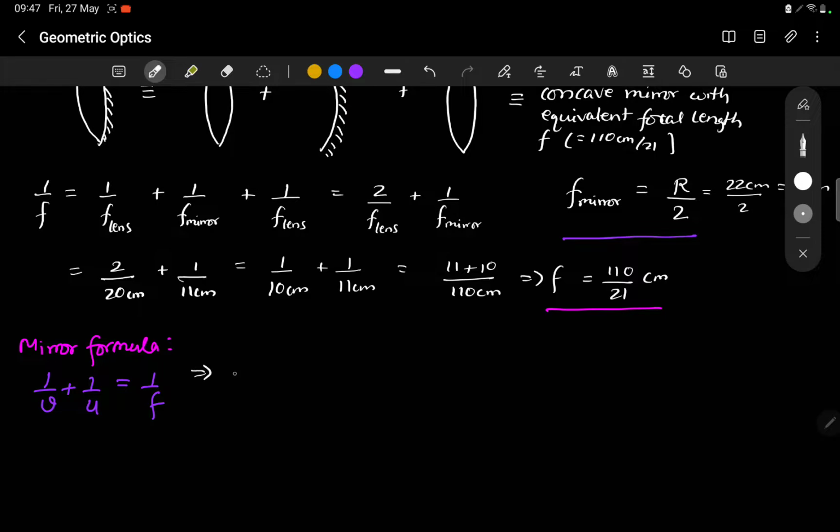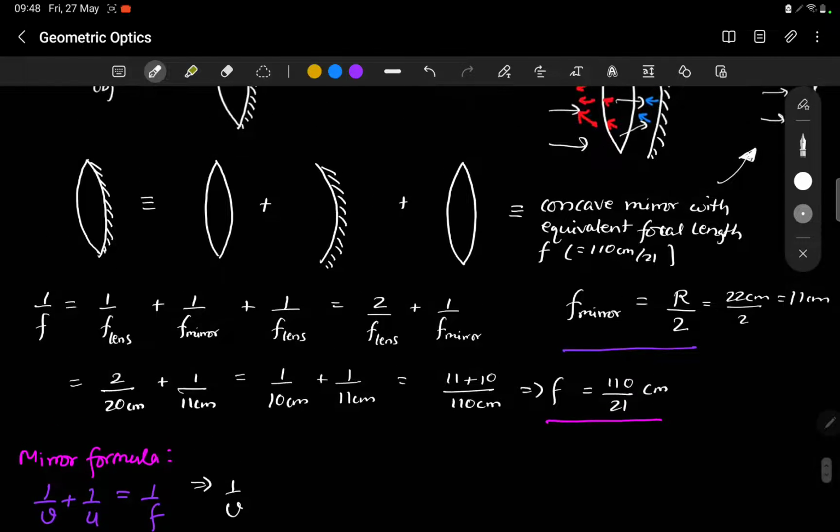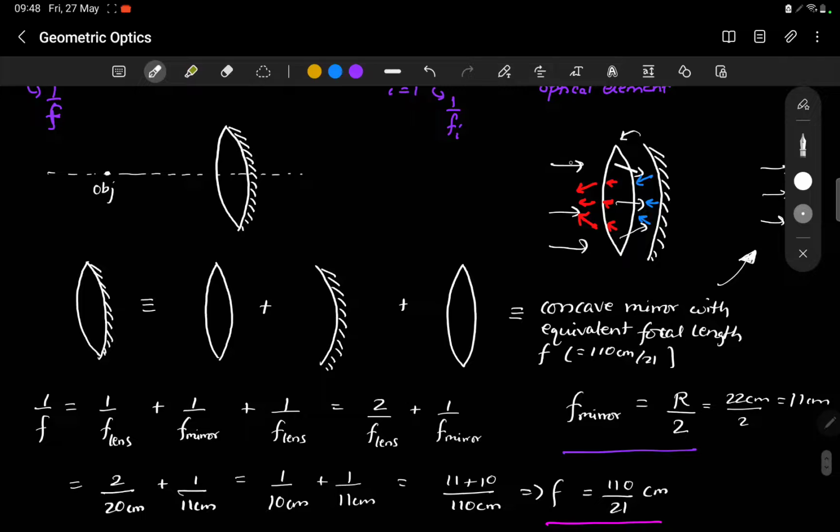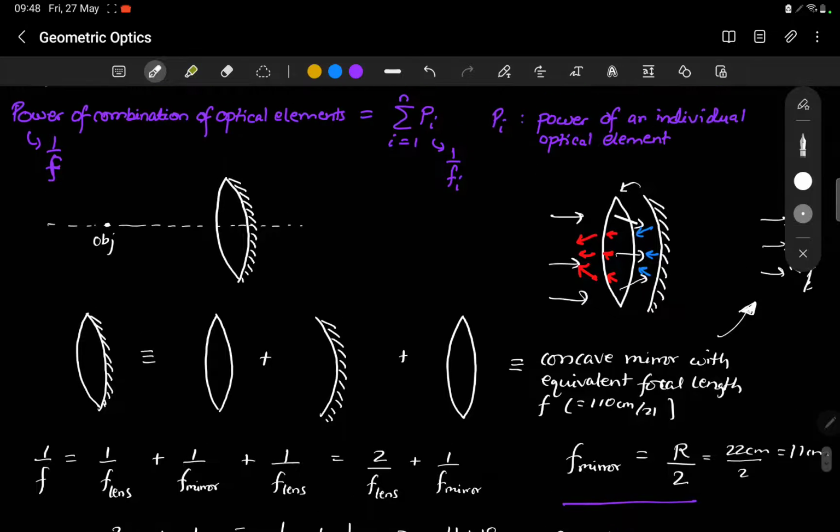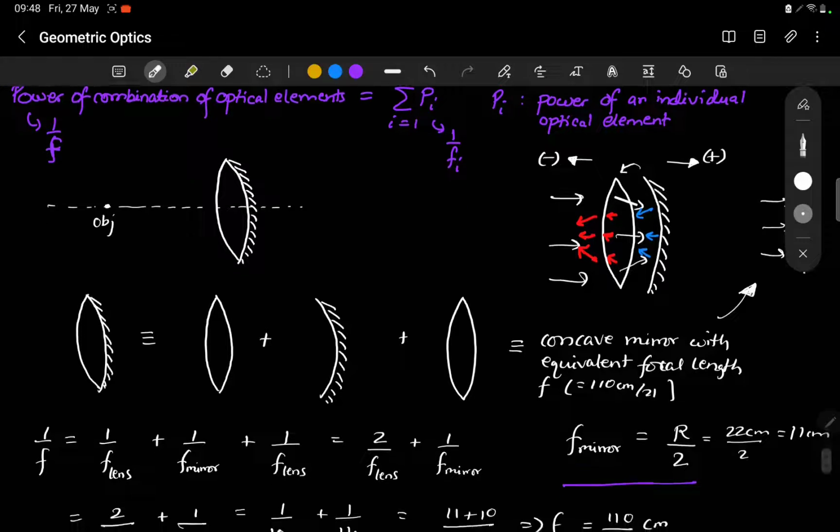So now we will use the sign convention. Since the rays are coming from the left side, all directions that move in the direction of the ray are positive, and all these directions are negative.